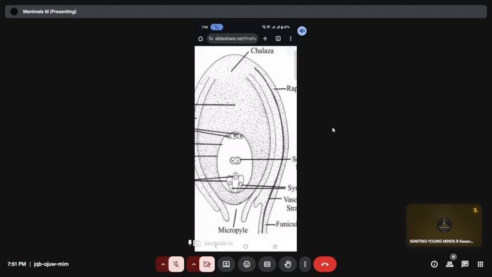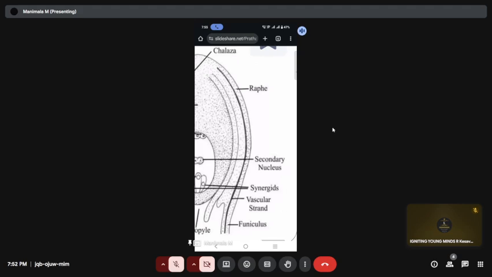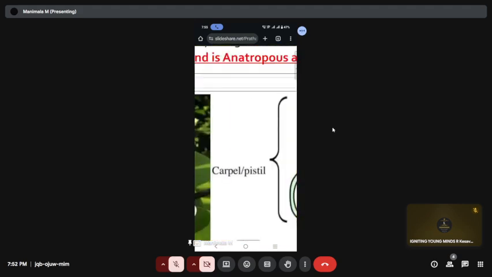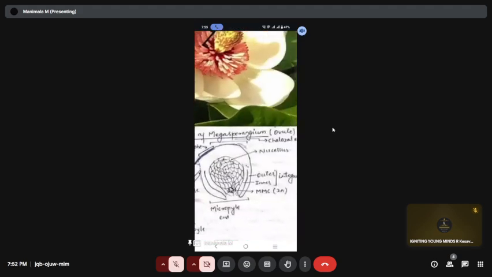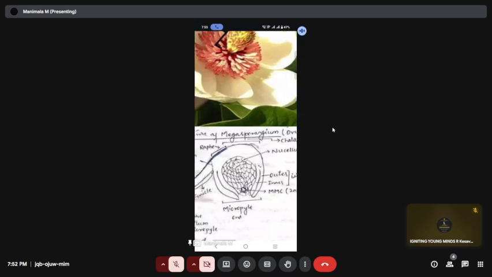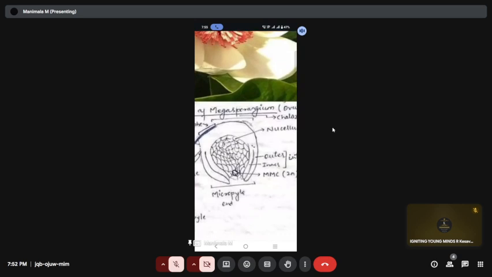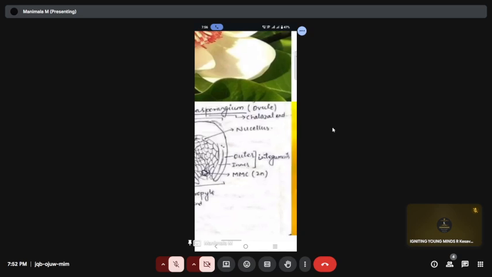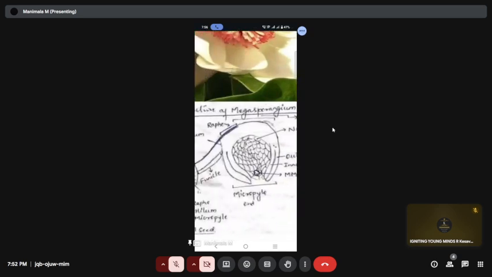The nucellus has abundant reserve food materials, and it is surrounded by two integuments, the outer integument and the inner integument. The nucellus's main function is to store food material. So the innermost part is the nucellus, which stores reserve food materials and is covered by the outer and inner integument.